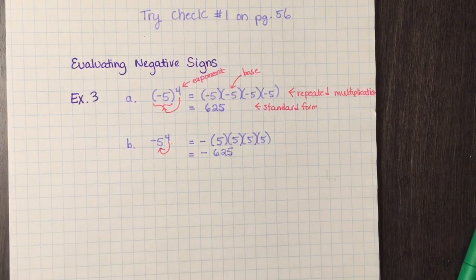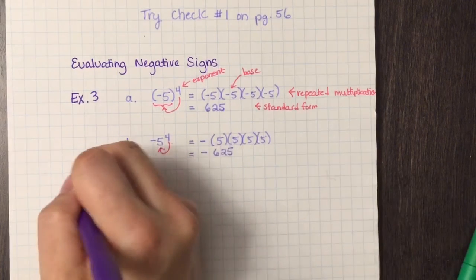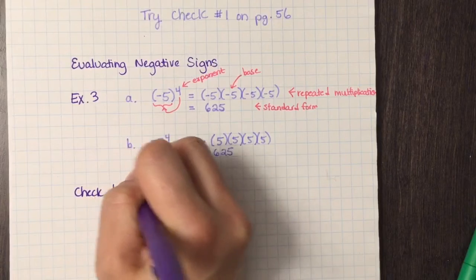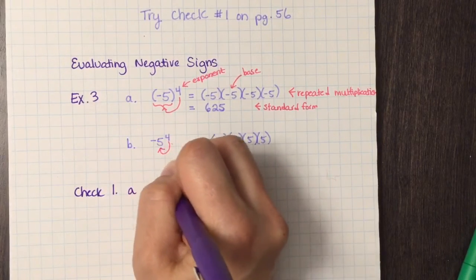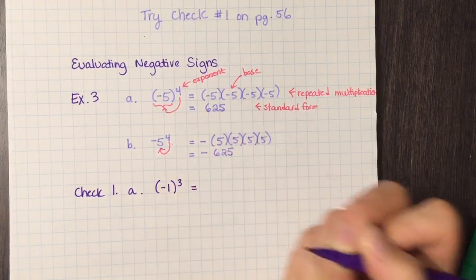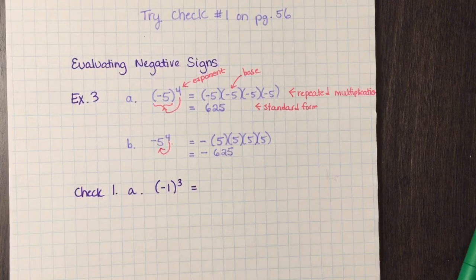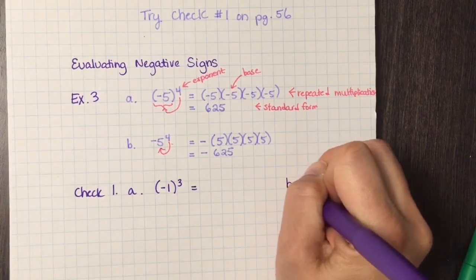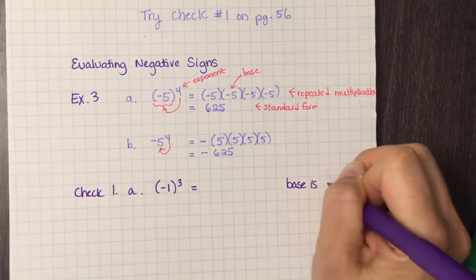Let's take a look at the check. Number 1, let's try this, check number 1A. It says -1 to the 3rd. So what would be the base? The base is -1.